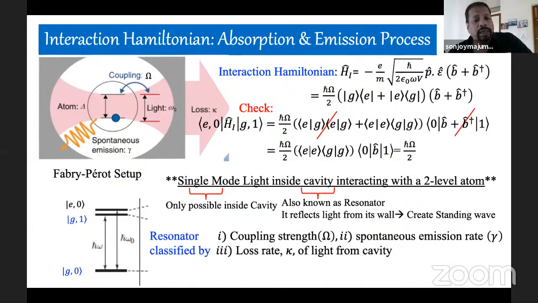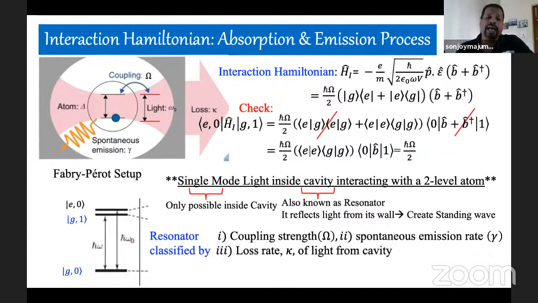To have a proper resonator or cavity, we should have some parameters. What are those parameters? As we understood, we are looking for some interaction between light and matter. So we should have a system that is favorable to better coupling strength. It can happen that you have the coupling very weak.